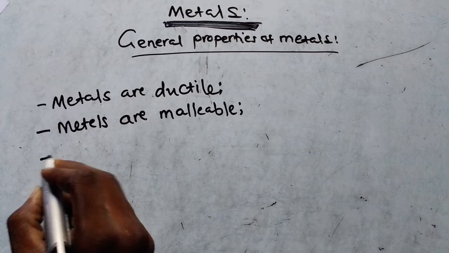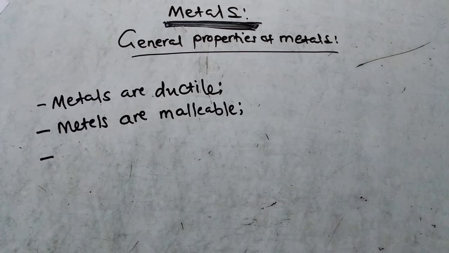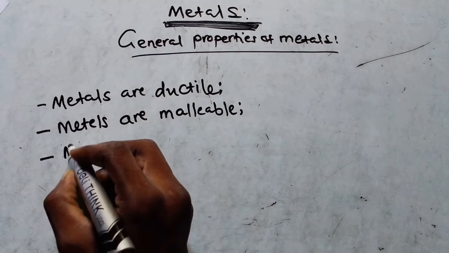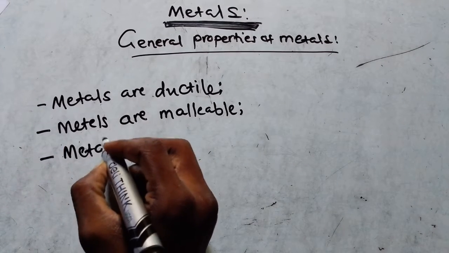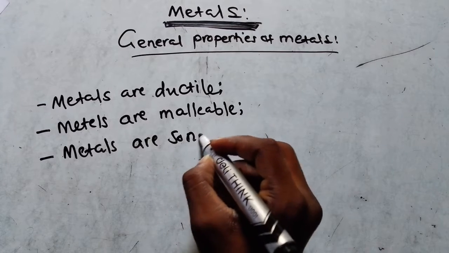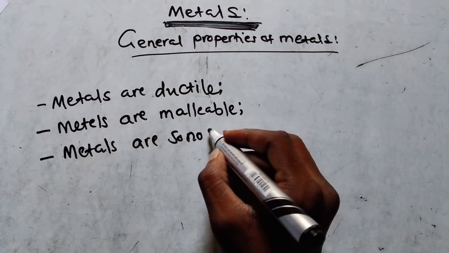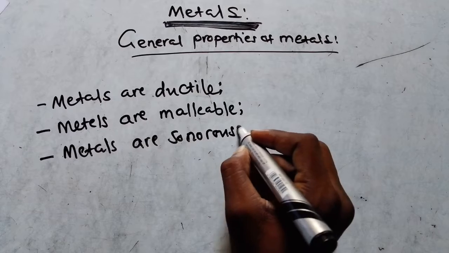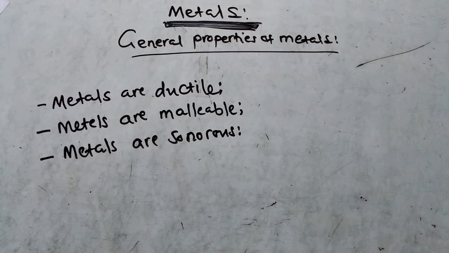Then the third property that we have under metals is that metals are sonorous. The spelling for sonorous is this one, guys. So what do I mean by saying metals are sonorous?